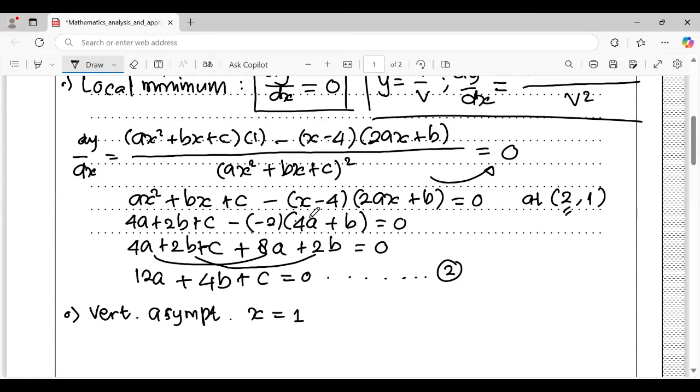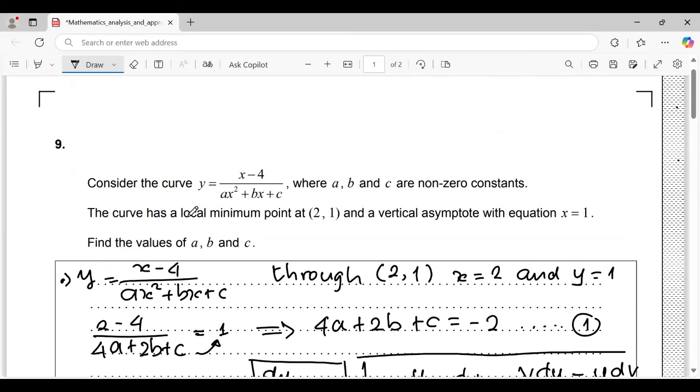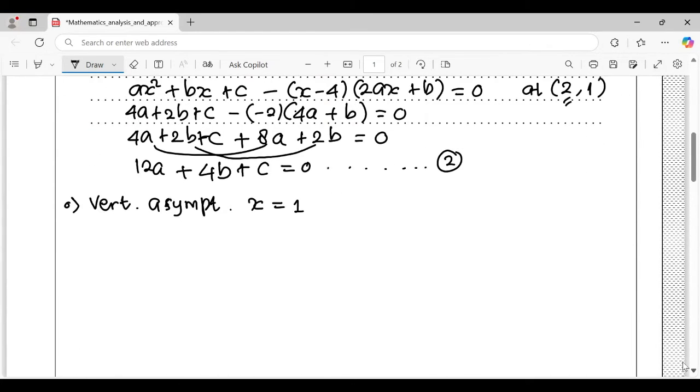If you look at this function, y is a rational function. For a rational function, especially the vertical asymptote, we can determine it through the denominator equals 0.